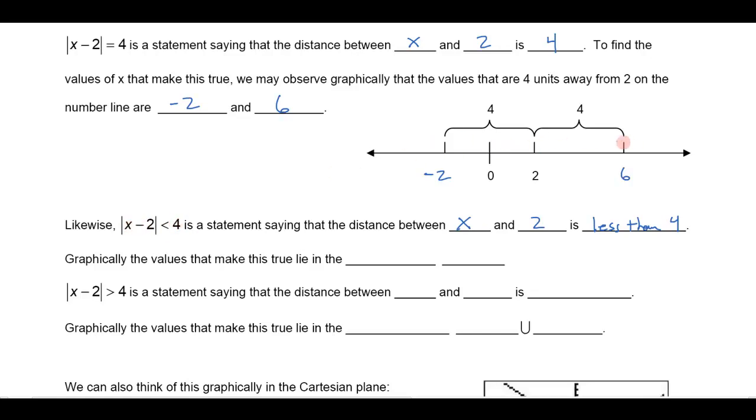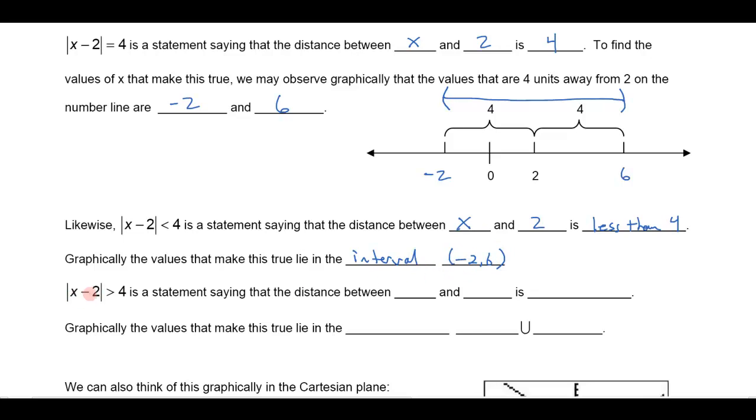So if you say which x's are less than 4 units away, well, you could be 4 units away to the left, which would put you at negative 2, and 4 units away to the right would put you at 6. But I want the x's that are less than 4 units away, so that's actually going to give me this interval of points between negative 2 and 6. And so graphically, the values that make that true lie in this interval between negative 2 and 6.